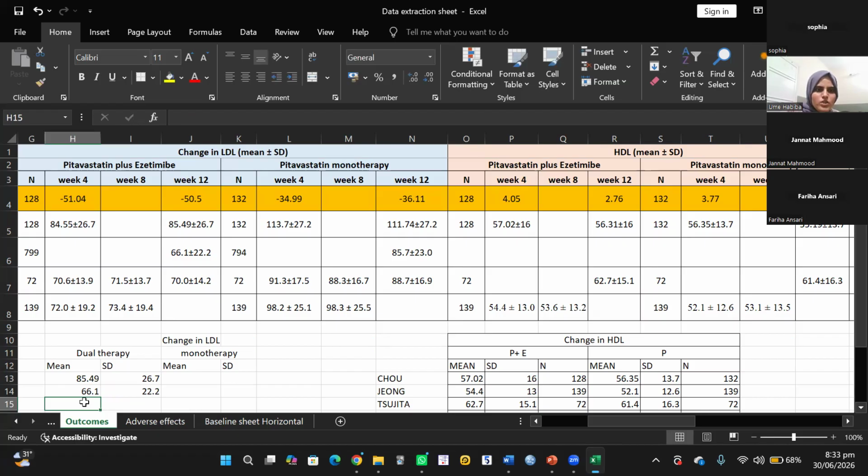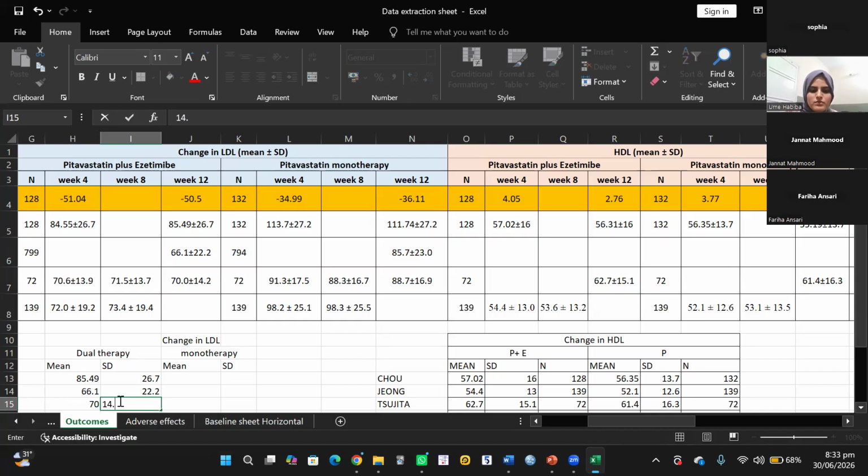Its mean, the third one, is 70.0, and the standard deviation is 14.2. Right? So there are lots of numbers. You have to be very vigilant which numbers you're analyzing, because you can't just put them randomly in Revman. You just have to spoon feed Revman for it to give you the result.